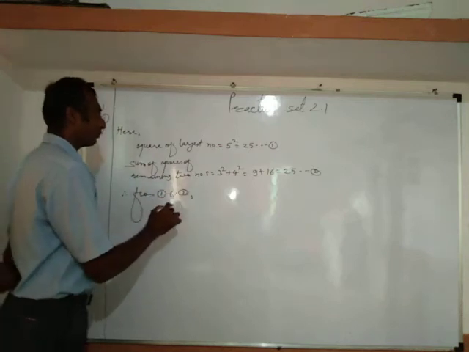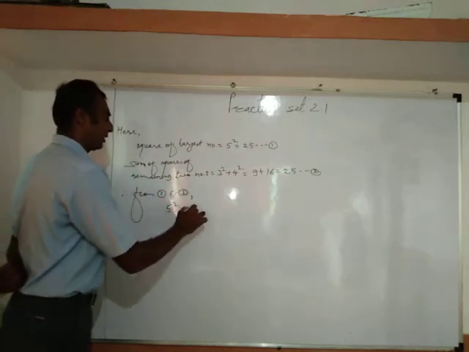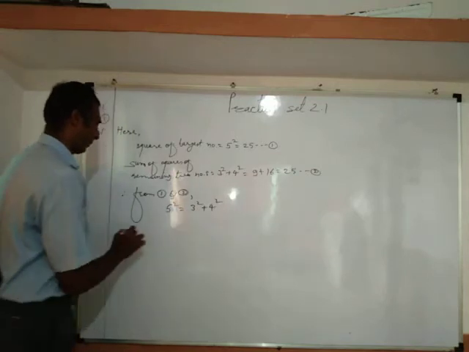Means 5 square equals 3 square plus 4 square.